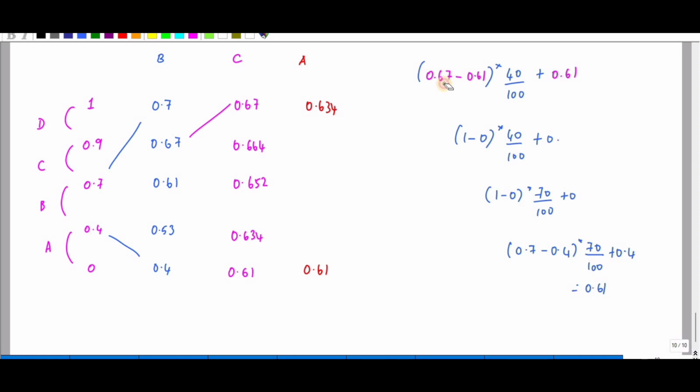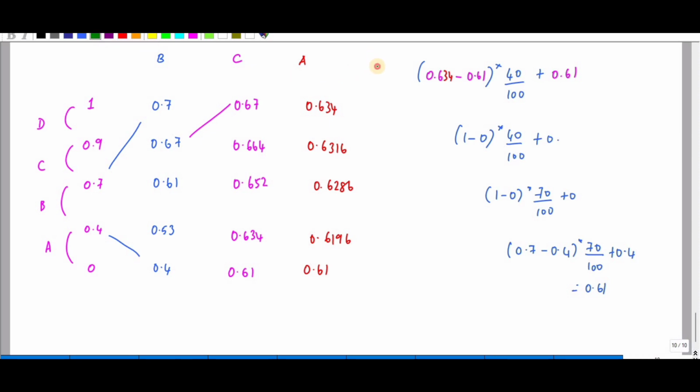For that you substitute 0.634 minus 0.61 into 40% plus 0.61, and you will get 0.6196. Instead of 40%, substituting 70% gives 0.6286, and 90% gives 0.6316.